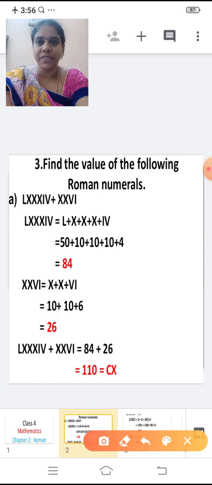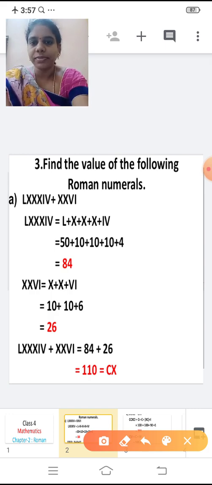The question is given in Roman numerals. You change the Roman numerals into Indo-Arabic numerals, then add or subtract to get one answer, and then change that answer into a Roman numeral. Shall we see? First one: LXXXIV plus XXVI.